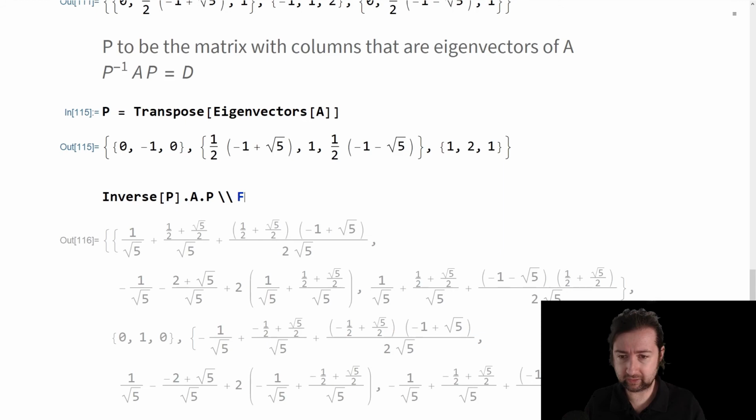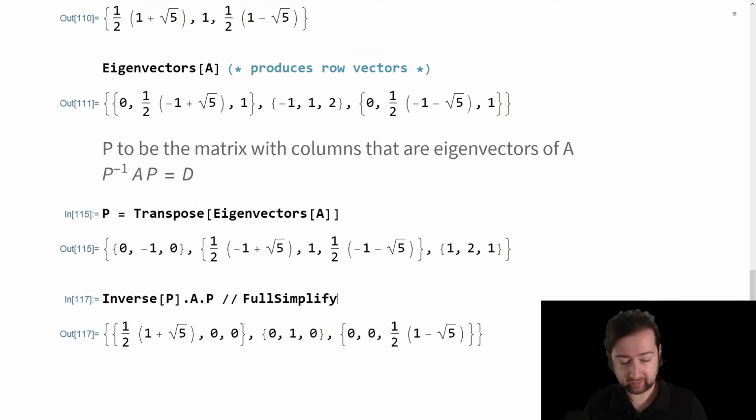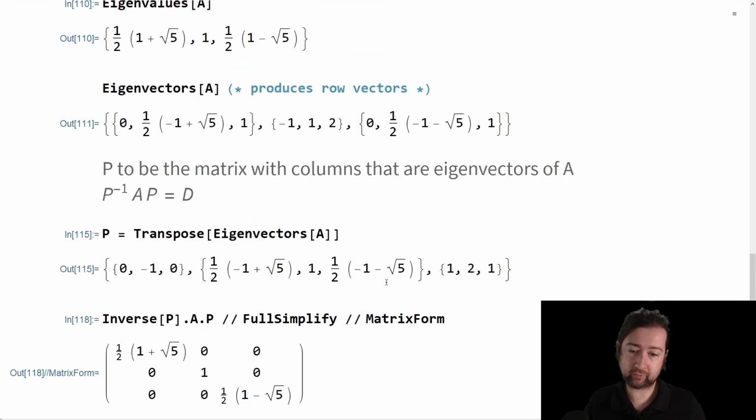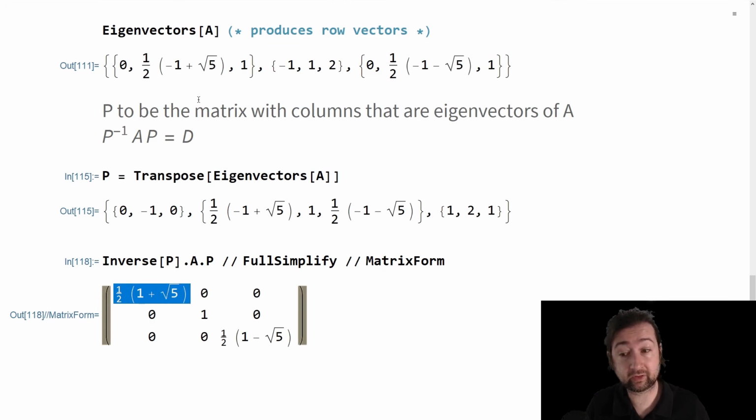So as in many cases here, let's make sure that we force Mathematica to full simplify with the correct version of piping. And then if we put it into matrix form, we see that we get a diagonal matrix out the other side with precisely the condition that we said, which is that the entries of the diagonal matrix are the eigenvalues of the matrix that we computed already.